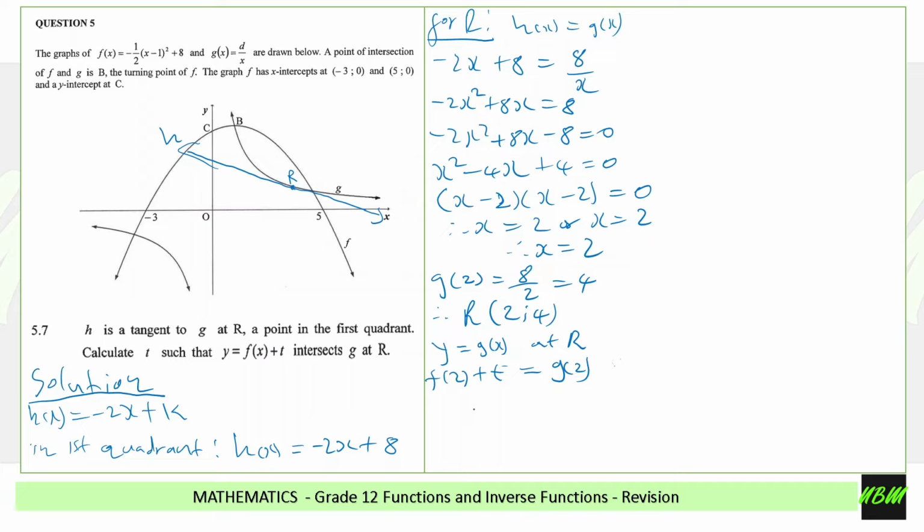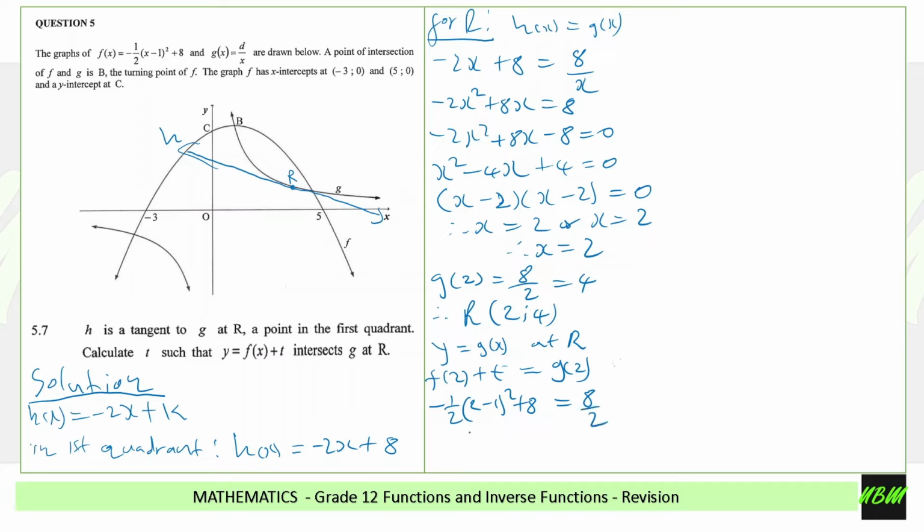Therefore, what will be f of 2? We substitute 2 in place of x in the equation for f. So we have minus 1 over 2 times (2 into 2 minus 1) all squared plus 8, plus t, is equal to 8 over 2.